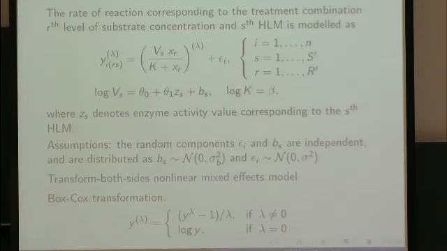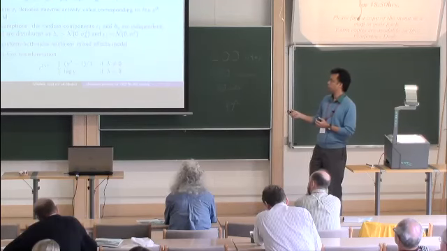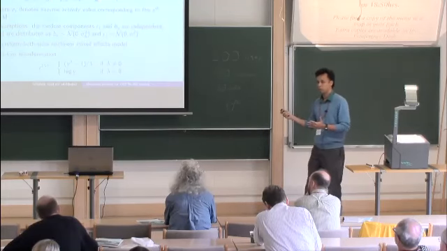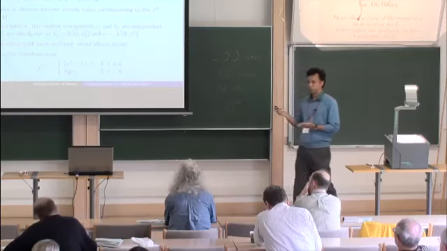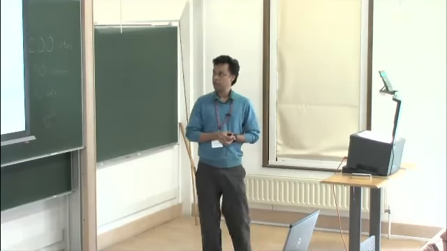We modeled the Vmax as a function of covariate, we did all other models too, Km as a function of covariate, both as a function of covariate. At the end we found this is the best model for the data we have.